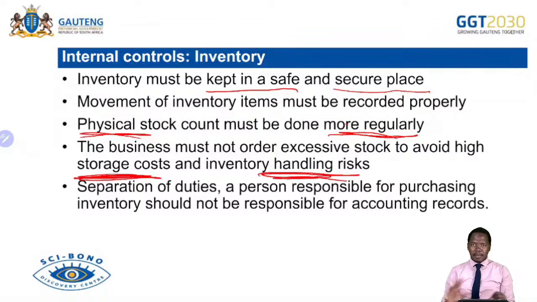We are not just going to say separation of duties and end there, because that may not give you a mark, grade 12. We must say separation of duties or division of duties, and then we elaborate from that. How do I elaborate division of duties? I will say there must be a person responsible for ordering.